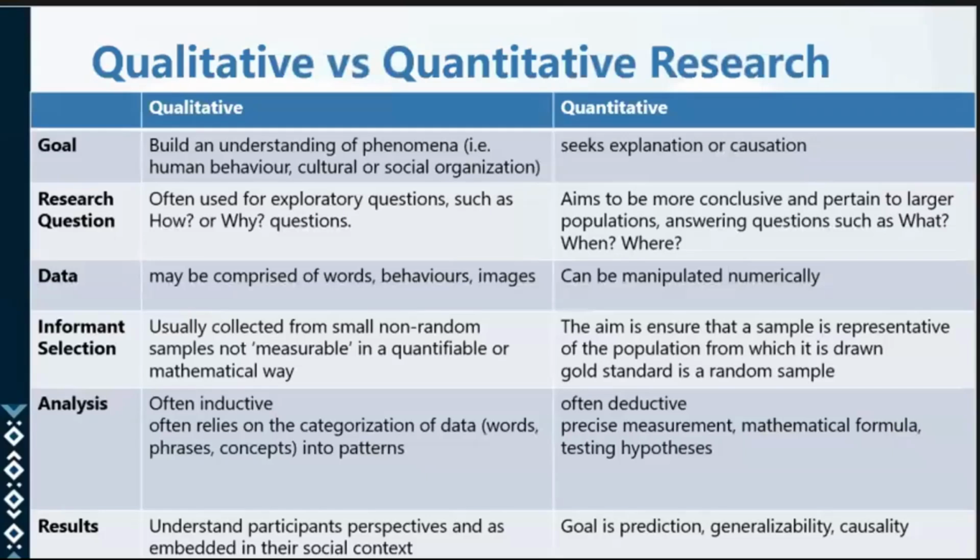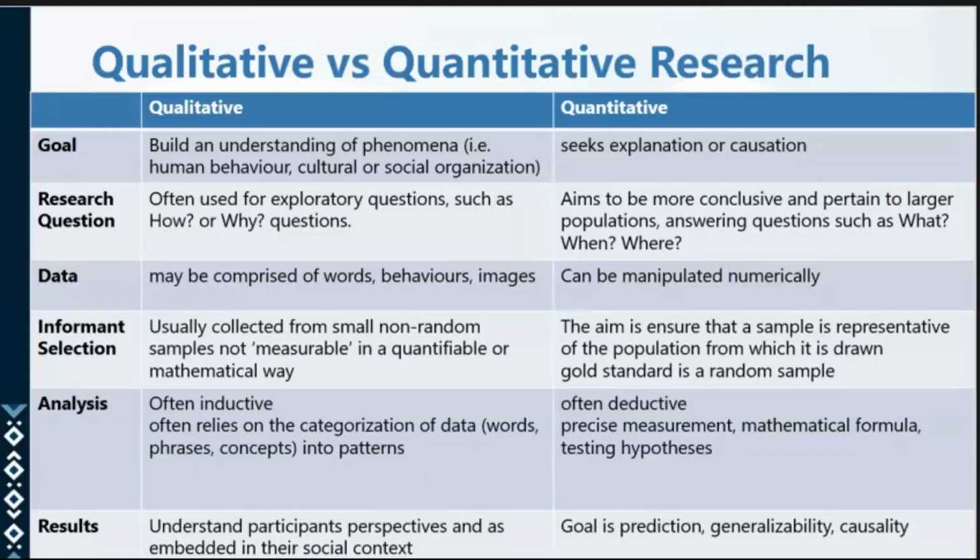With the research question, most times qualitative research answers questions of how and why. Meanwhile, with quantitative research, the aim is to be more conclusive and pertain to a large population, answering questions such as when, what, and where.